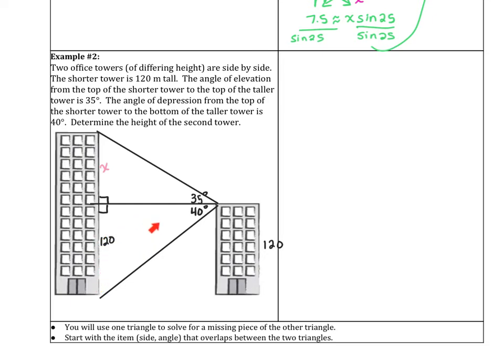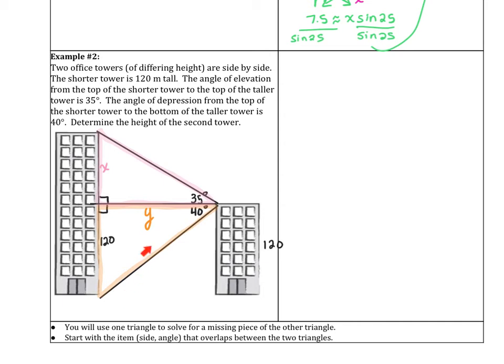So you can use this triangle to solve for this side, which we can call y. And then you can use this triangle to solve for x. Because once you have figured out y, then you'll have 1, 2, 3 pieces of information. You'll be able to solve for x.